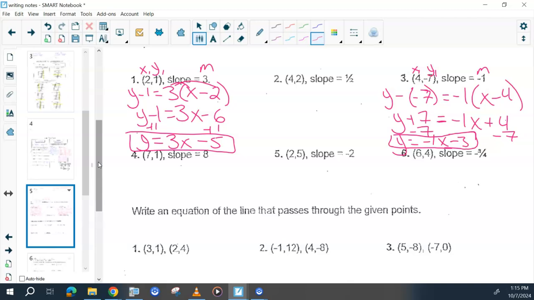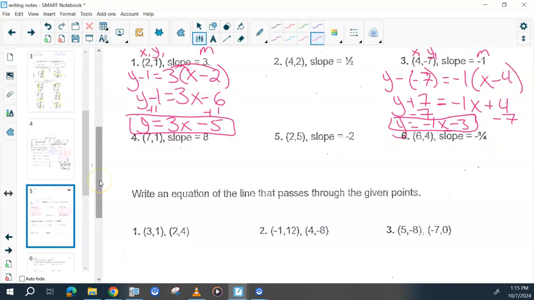Okay, we're going to do number 6 just so you see what happens when you have fractions. Same process. You can label them if that helps. So this would be y minus 4 equals negative 3/4, parentheses x minus 6.